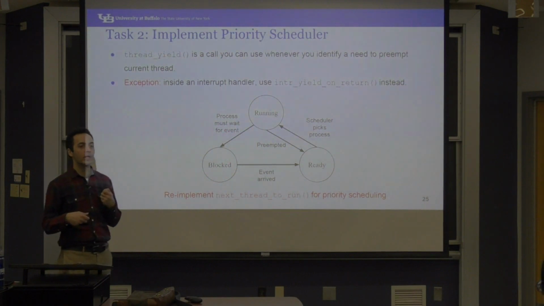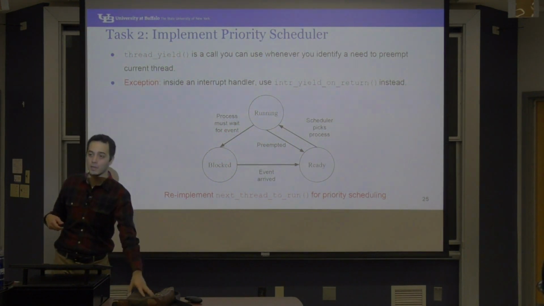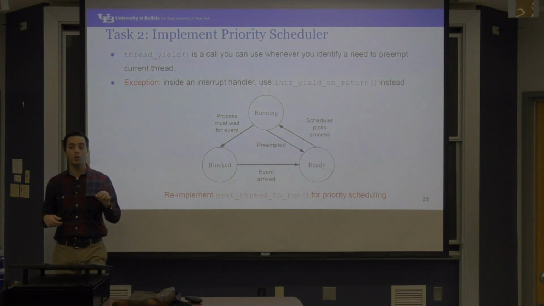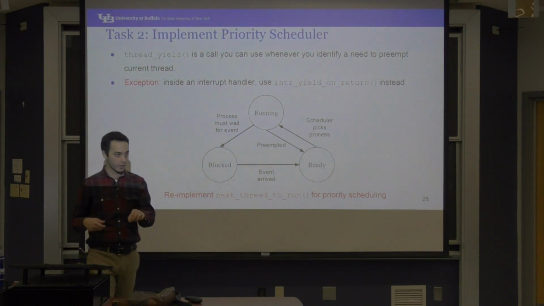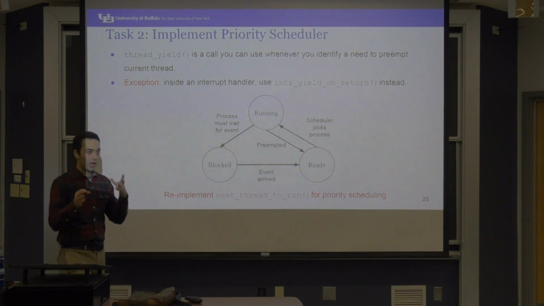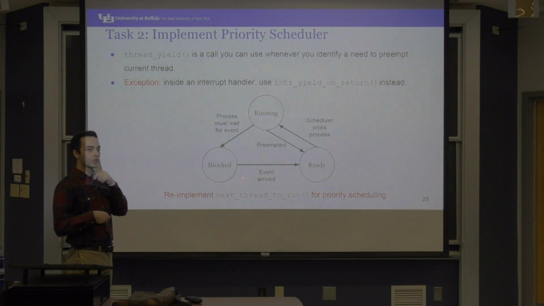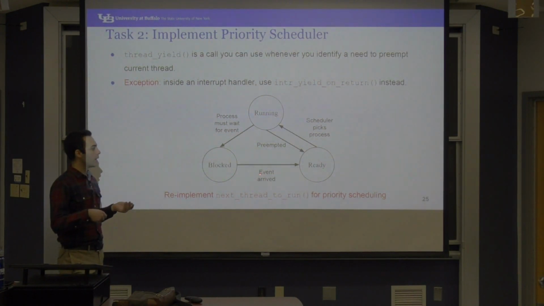When that event happens, so when another thread releases that lock, your operating system should watch out: okay, who was waiting for this lock? You have to have a way to keep track of these things. And when it is a thread's turn to wake up, you put it back to the ready list.